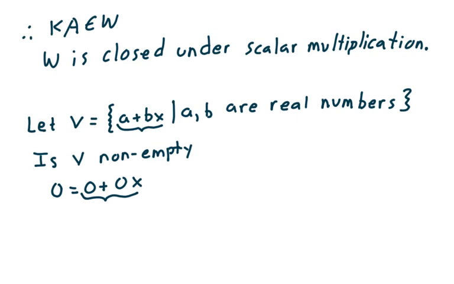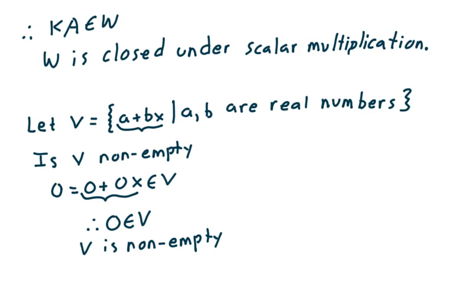So can we agree that 0 plus 0x belongs to V? And so we can say that 0 belongs to V, and so V is non-empty. That's the idea there.